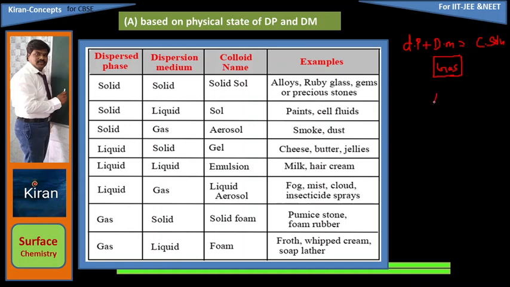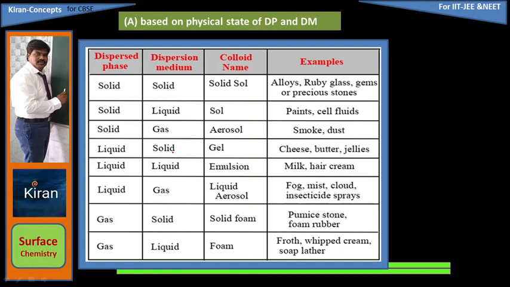Gas means air, aerosol. When dispersion medium is, for example, water, that is hydrosol or aquasol. Remember that. So here aerosol, example is smoke, because solid carbon particles are dispersed in air, that is you will get smoke and dust.